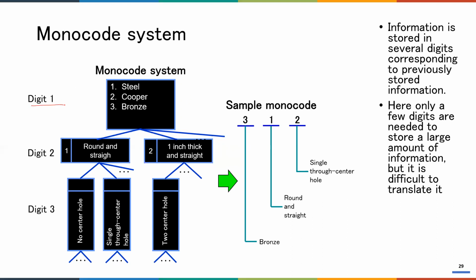So for example, digit 1 is about the material, digit 2 is probably about the shape, and digit 3 is about, let's say, the number of holes. So even if you don't know what product this is, right?